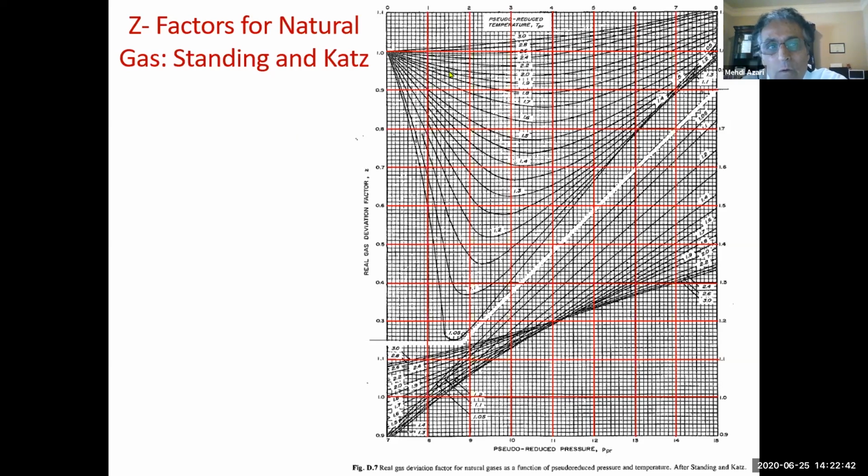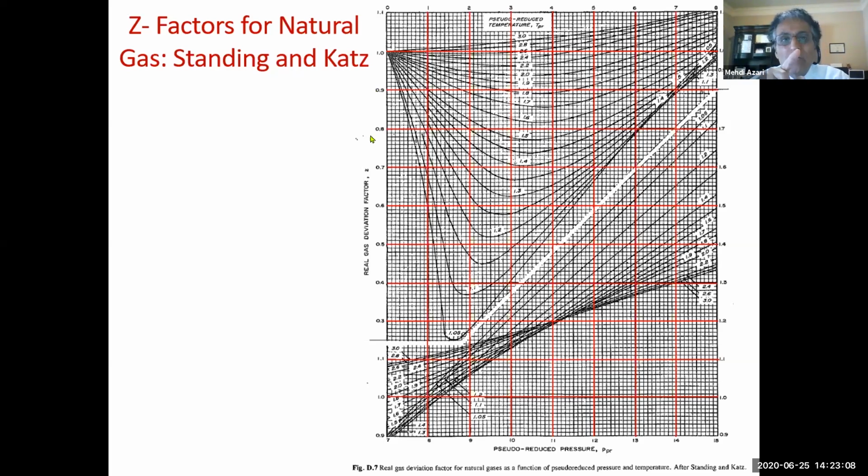So let's say pseudo-reduced pressure is 3. Then what is plotted here is pseudo-reduced temperature. So you come down here, pseudo-reduced temperature is, let's say, at this point, like 1.82. Then you come down here, and you read the Z factor 0.9.